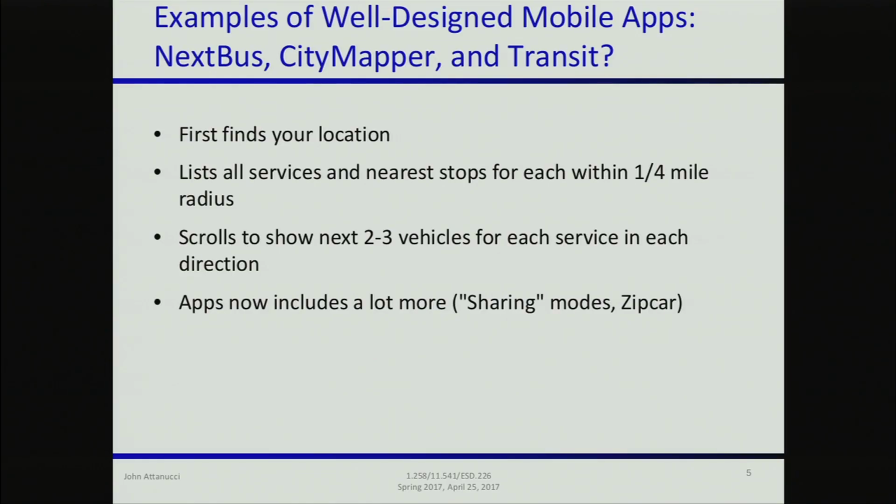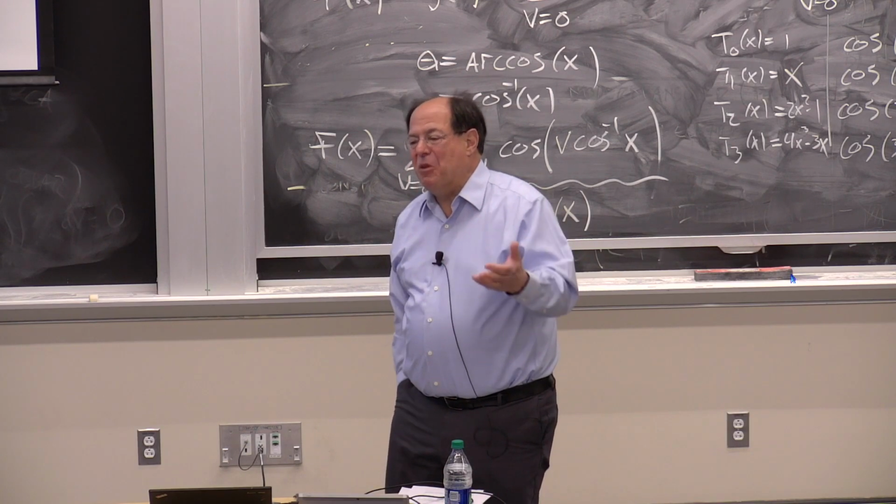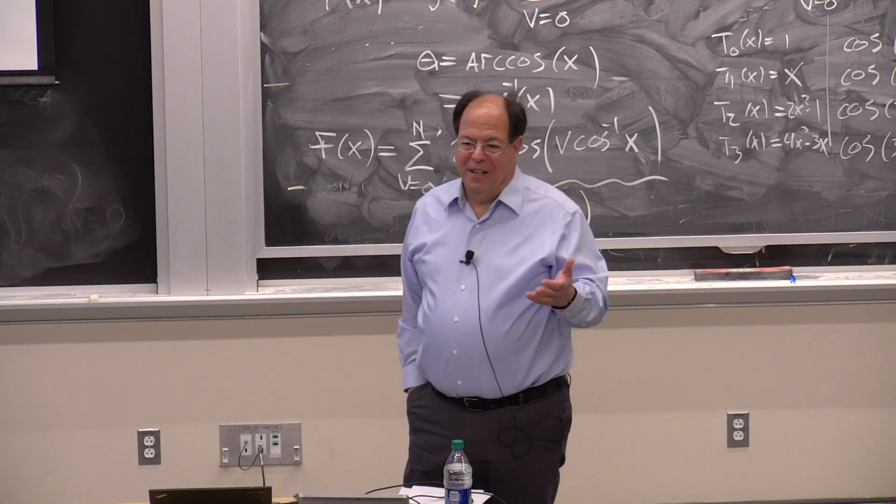We'll see. So the basic aspects of these things you probably know. The best ones really depend on knowing your location. So again, you have to give the app permission to know your location through your smartphone.